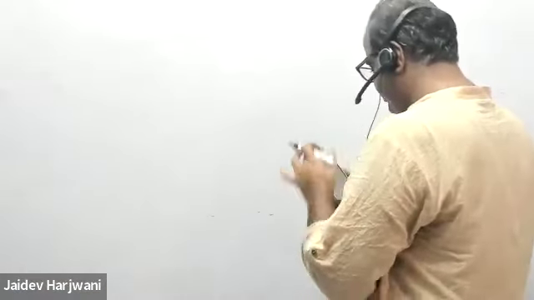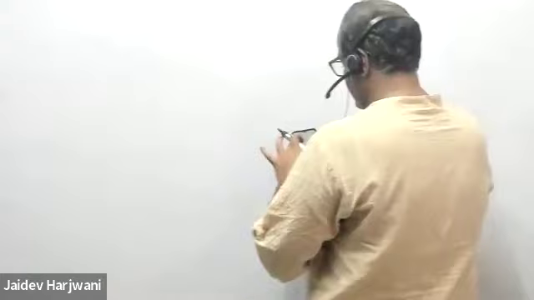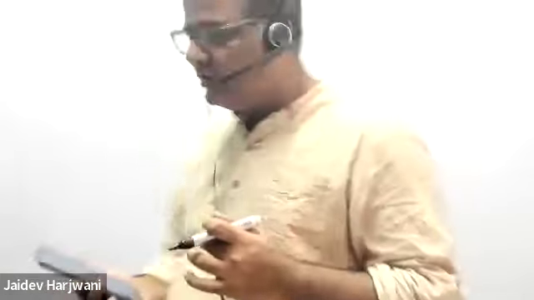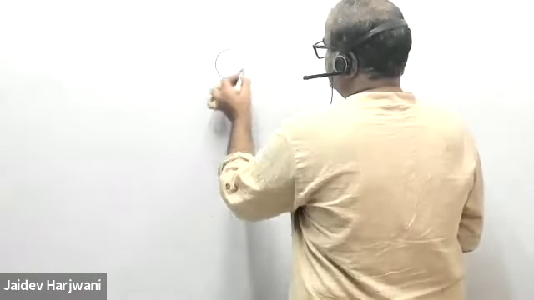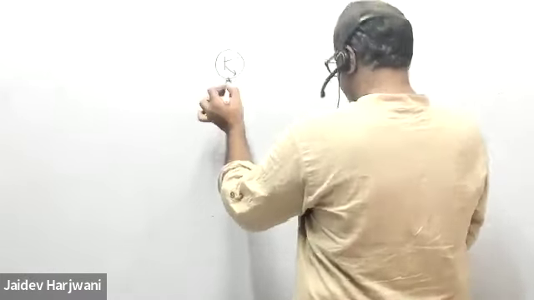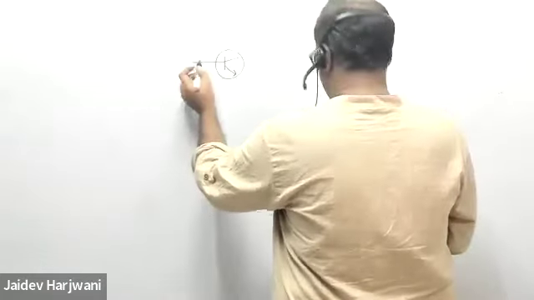Question number 4 gives you, select a suitable value for the emitter bypass capacitor, that is CE, if the amplifier is to operate over a frequency range of 2 kilohertz to 10 kilohertz. This type of question I did not discuss in the class, so I'm discussing here.